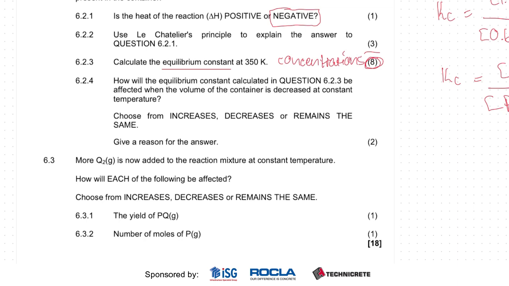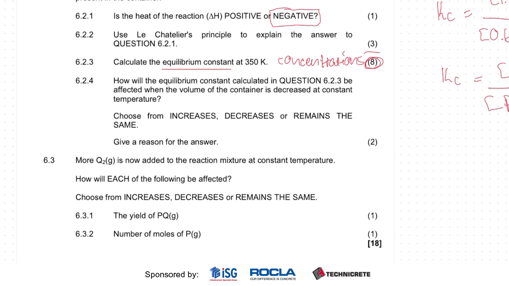Okay, how will the equilibrium constant calculated in question 6.2.3 be affected when the volume of the container is decreased at constant pressure? Okay, so again, Le Chatelier's principle. So we've got to think about it.